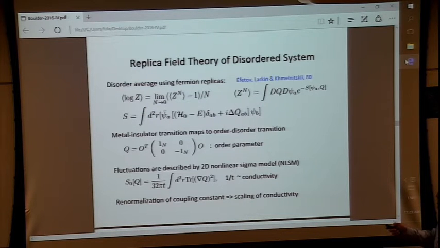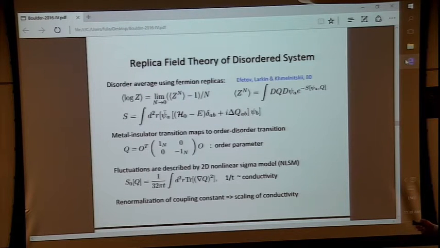It's much easier to think about the disorder average of the powers of Z. But then there's this trick that we can consider n copies of the system, whose total partition function is Z to the n, do the disorder average, and then take the limit where n goes to 0. That gives us log of Z.